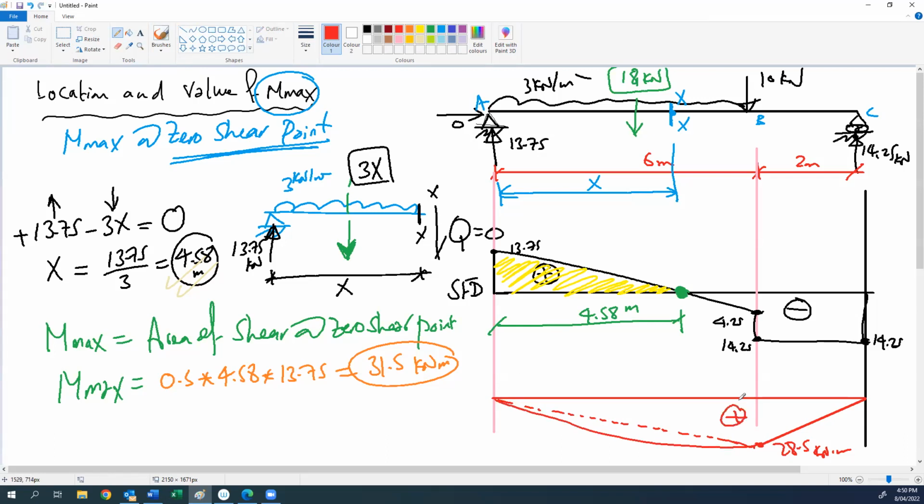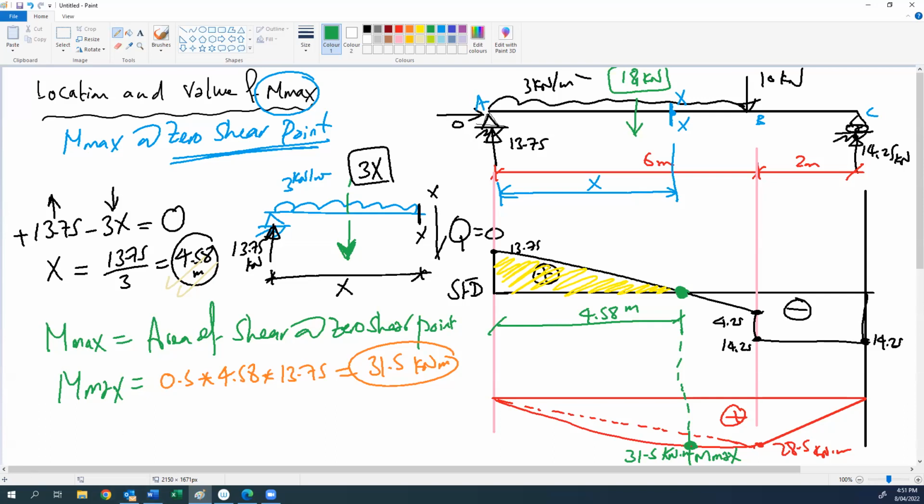So all the moment is positive. If we go down to the point of zero shear, this is our maximum moment value, Mmax, which is 31.5 kilonewton meter. So this is the maximum moment value, and this is the maximum moment location for the two examples. Do you have any question for this part?